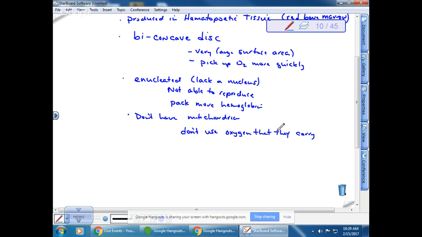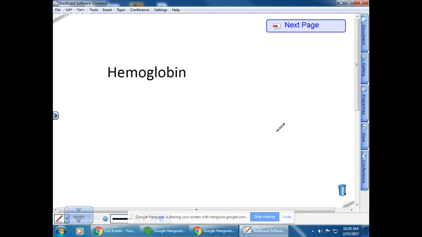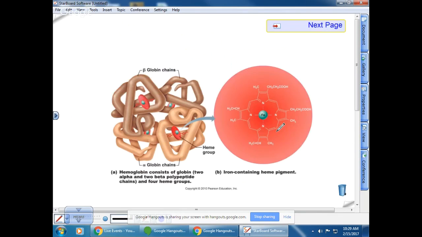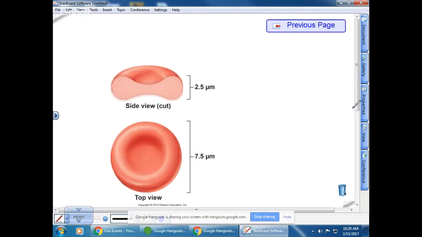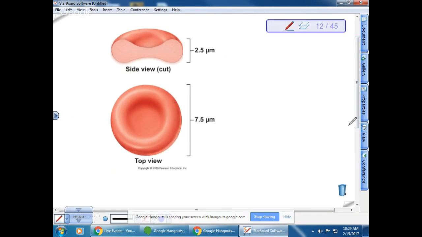Okay, so if we look at the diagram of the red blood cell, right? Interestingly, when you look at frogs and fish and amphibians, and I think even reptiles, they actually have a nucleus in their red blood cell.